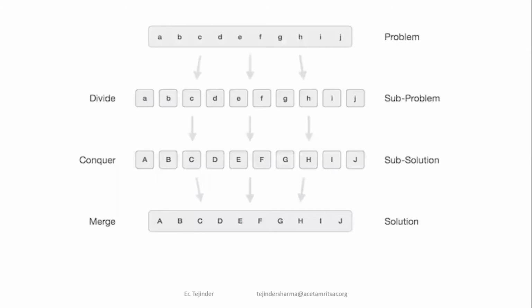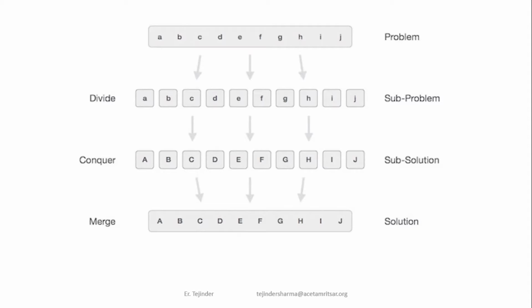Now, what does it say? This is the given problem A, B, C, D, E, F, G, H, I, J. Let's suppose this is a problem. As it was large, we have divided the given problem into, supposedly, 10 subproblems. Then we find the solutions of each of these subproblems.